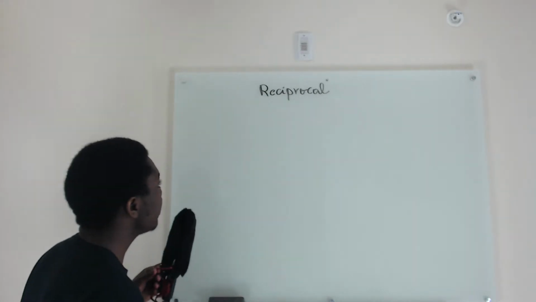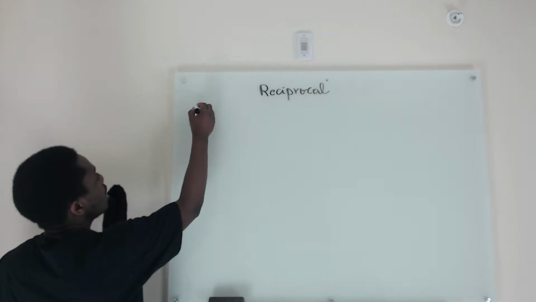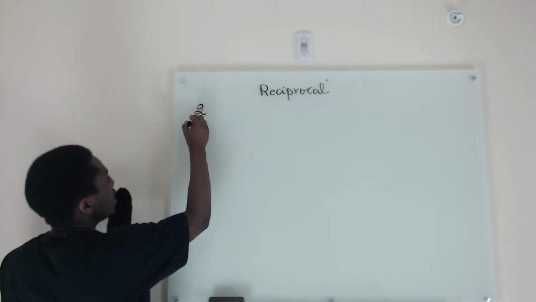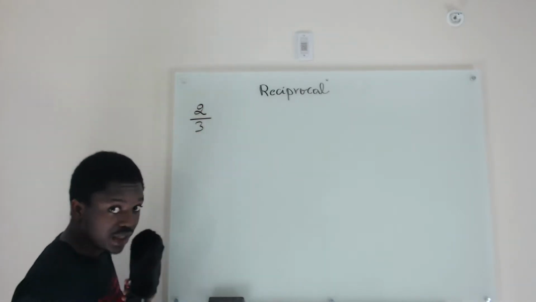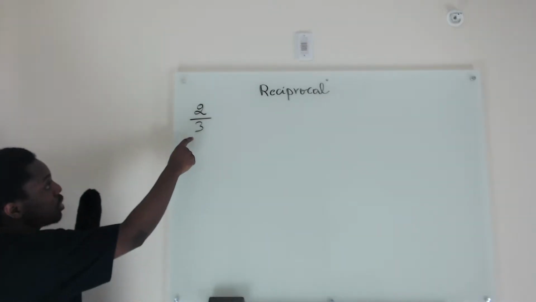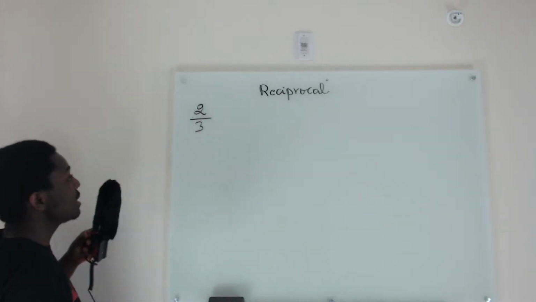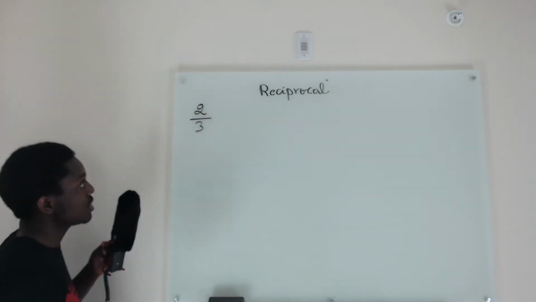So let's take a fraction, for example. Let's say we have the fraction 2 divided by 3. Okay? So what is the reciprocal of this fraction? The reciprocal is basically the flip of this fraction.